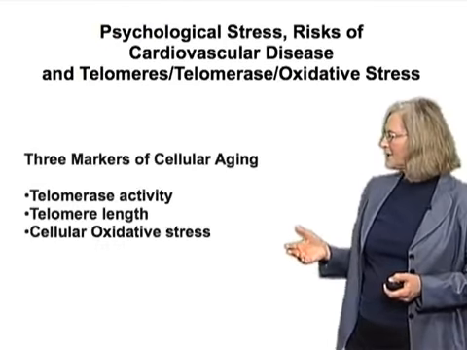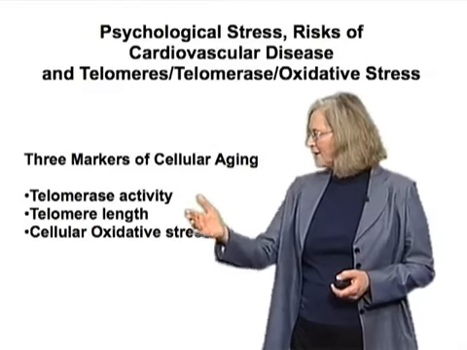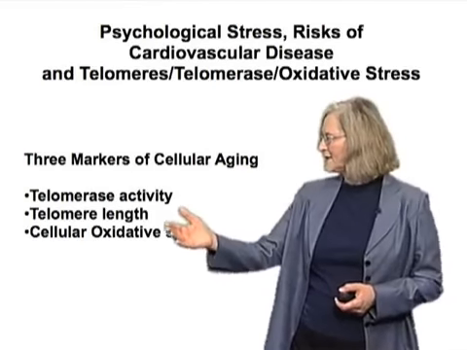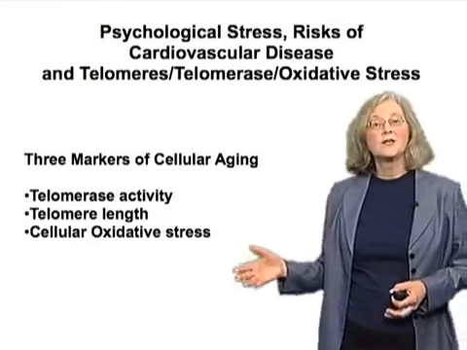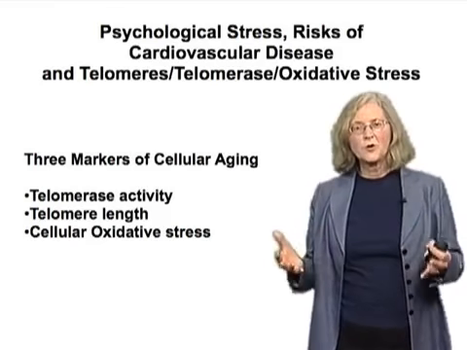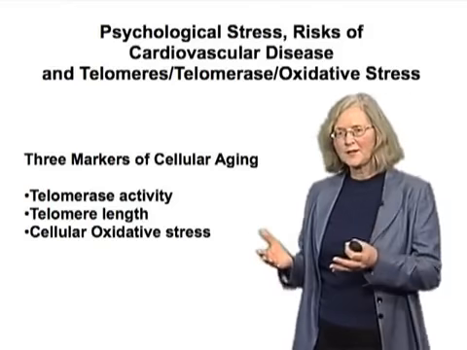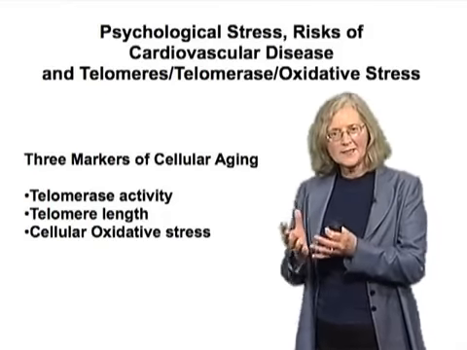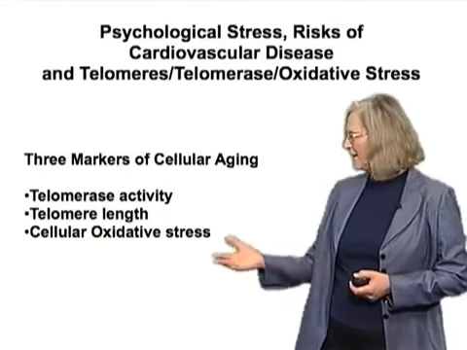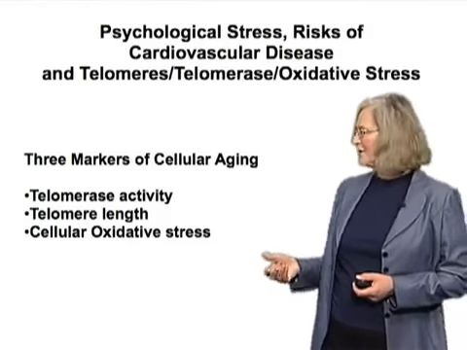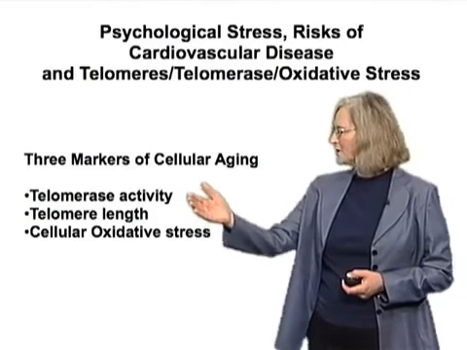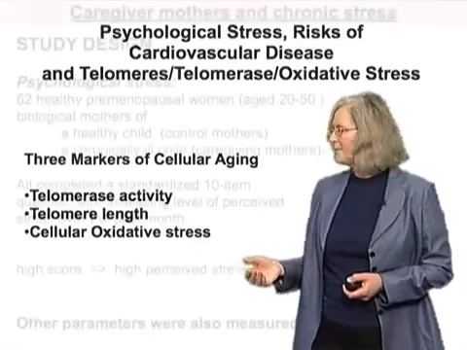Okay, so three markers of cellular aging were looked at: telomerase activity, telomere length, and also a measure of cellular oxidative stress, which is a ratio of two compounds, F2 isoprostanes and vitamin E. And that was just taken as an assessment of the oxidative stress situation physiologically in these individuals. We'll focus on telomerase activity and telomere length.